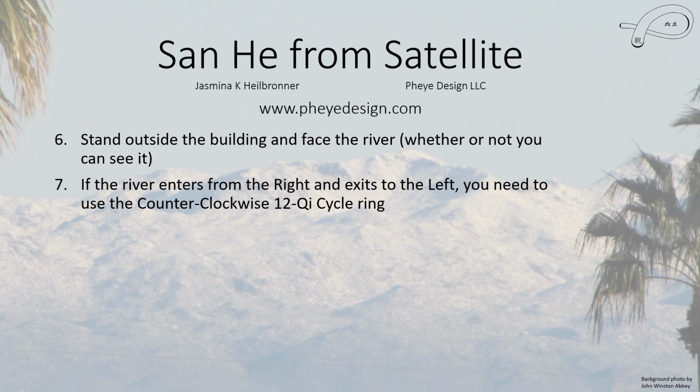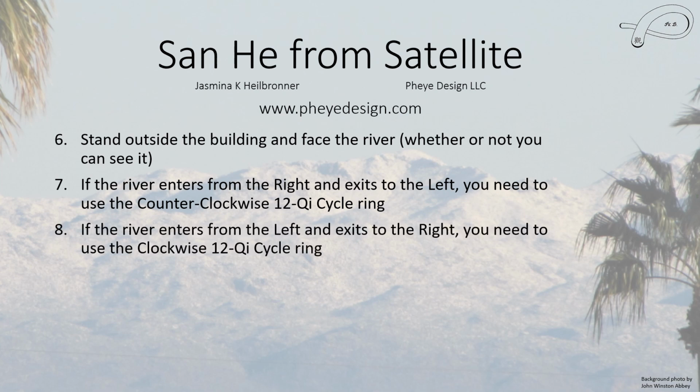And I have already given these things to you. And if the river enters from the left and exits to the right, you need to use the clockwise 12 chi cycle ring. Now the buildings on the right side, that is on the east side of the river, of the big main river, those would be using this one because the river would enter from the left, exit to the right.